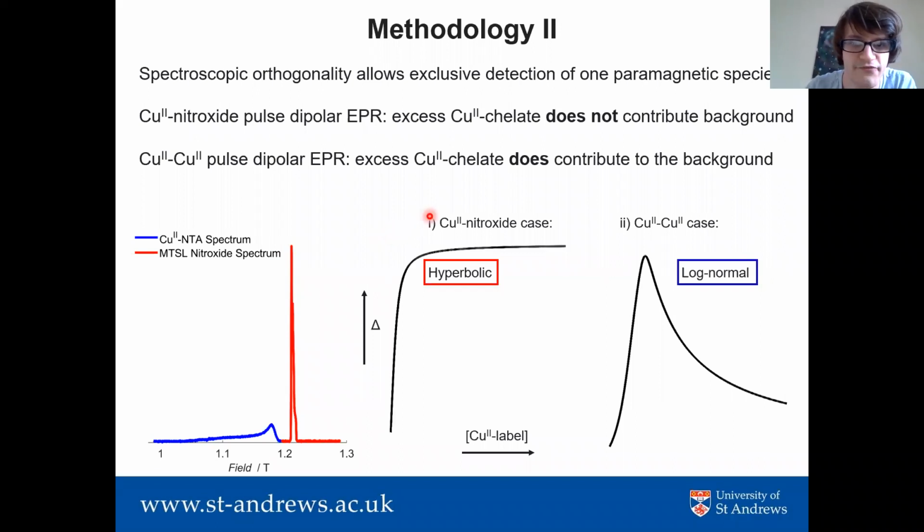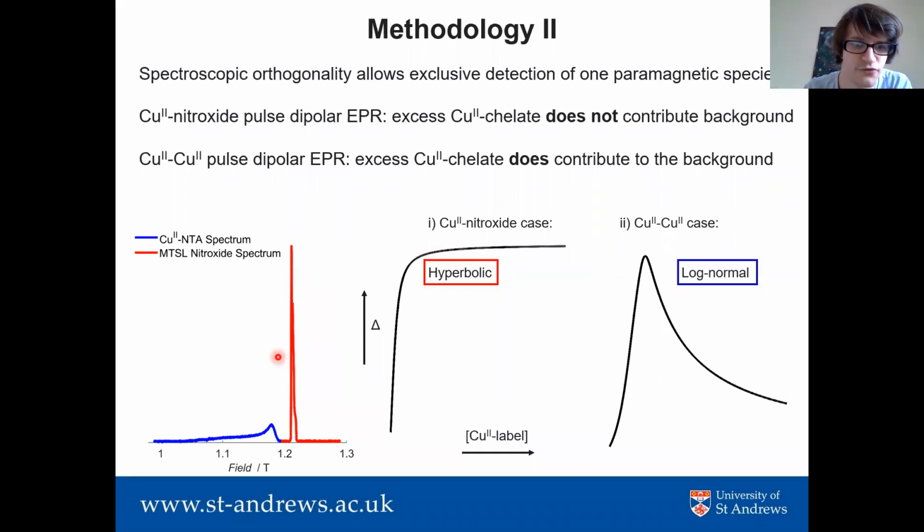Now, I emphasize this point here because it has implications for the subsequent slides. If we consider just detecting on the nitroxide spectrum in the first case, then our modulation depth will be hyperbolic with respect to increasing copper-2 concentration. This is because the excess copper doesn't contribute to our background, and therefore it won't wash out the modulated signal.